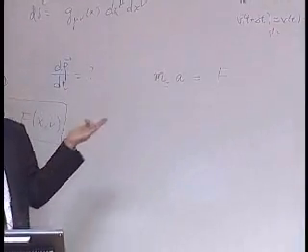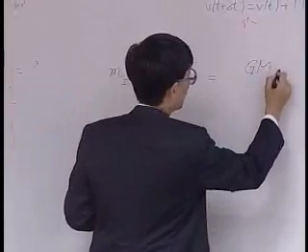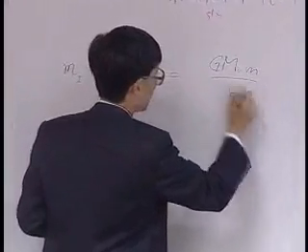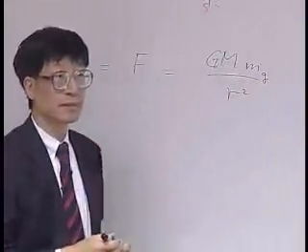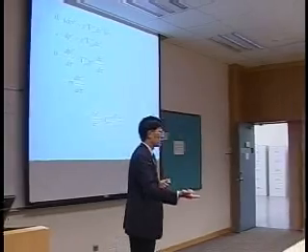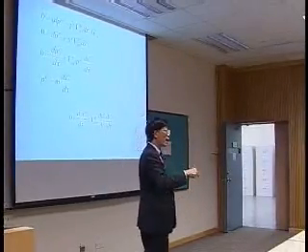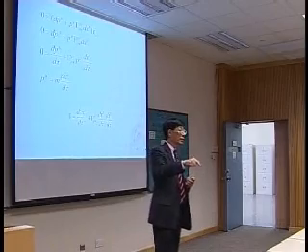And let's say it is due to the sun, then the force would be equal to, never mind the signs, this. And this I call the gravitational mass. The gravitational mass tells you how strong the force is. The inertial mass always multiplies the acceleration and tells you how reluctant the particle is to accelerate.